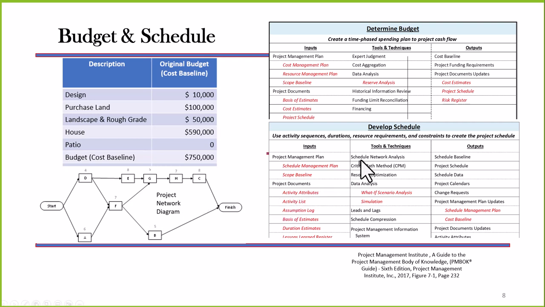It's an input into develop schedule, and it's combined with our overall schedule, which will give us our schedule baseline. So our schedule baseline could, in fact, be our project network diagram or whatever we define as our project baseline. However, we place that under control. And then that's where we will do our earned value analysis.